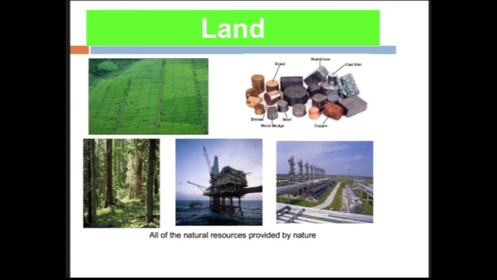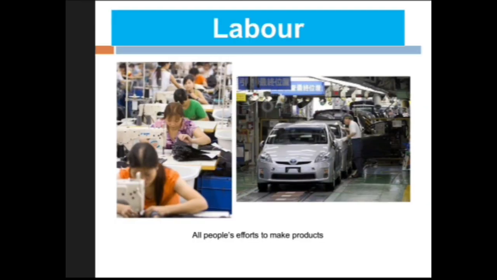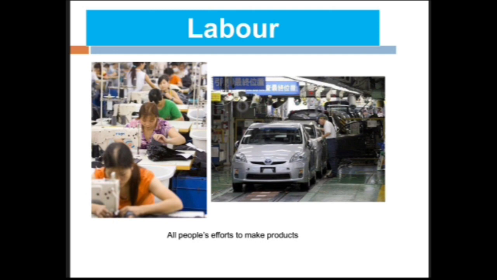Now we go into depth on land. Land could be agricultural land, wood, forest, crude oil and natural gas. These come under land, the primary material. Now labor: the employees who create clothes, for example in the textile industry, and who work the machinery.